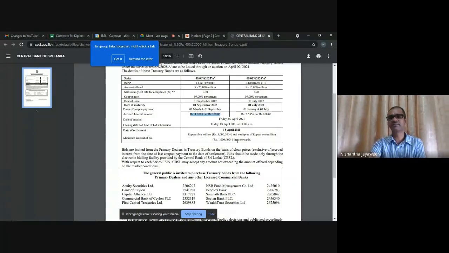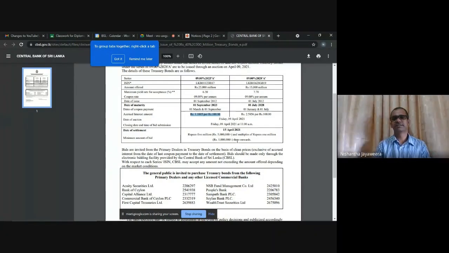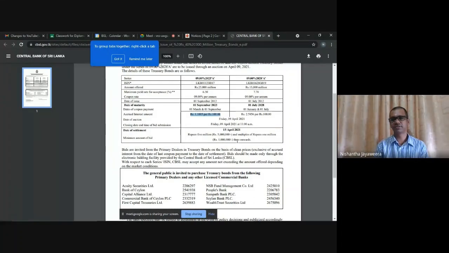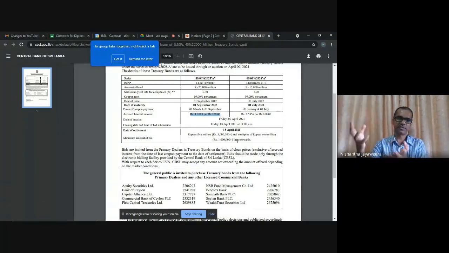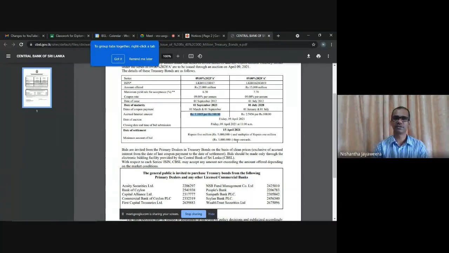Yes, you add some term premium for what would happen to future interest rates. If you think interest rates will go up, you will try to get a higher return, because otherwise you make an opportunity loss there. If you think interest rates will go up in the future, what do you do? You invest in the short term, and once the interest rate goes up, you invest in the long term. That's what you do generally.